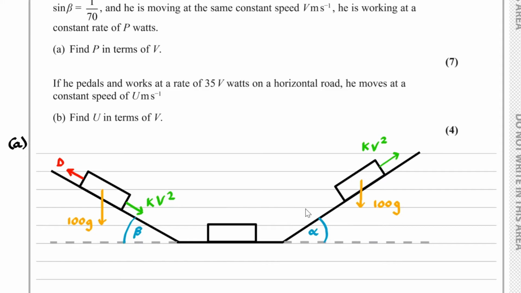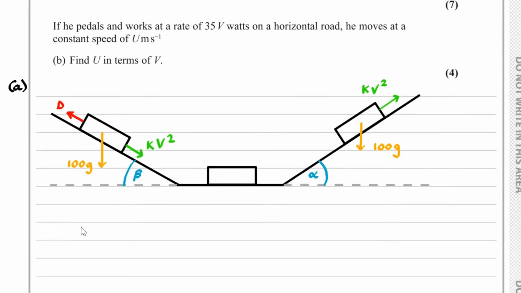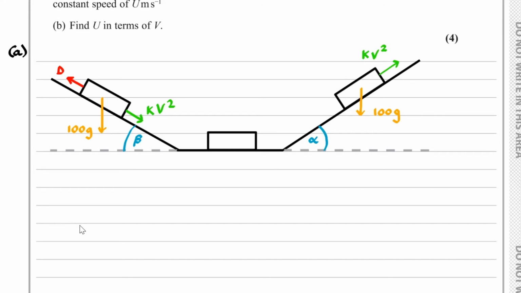And in both circumstances, we've got the weight of himself and the cycle being 100g, as we see here. To help do this question, we need to use the sum of the forces is equal to the mass times the acceleration.